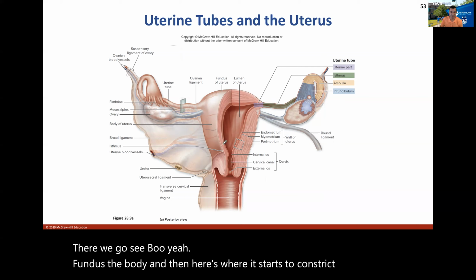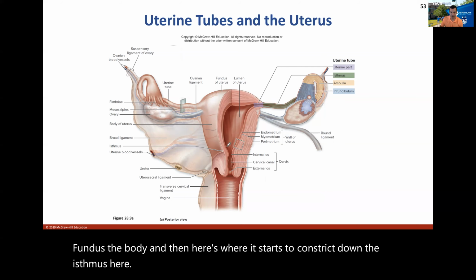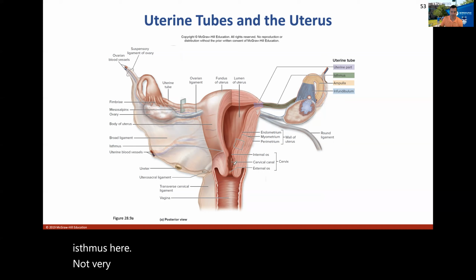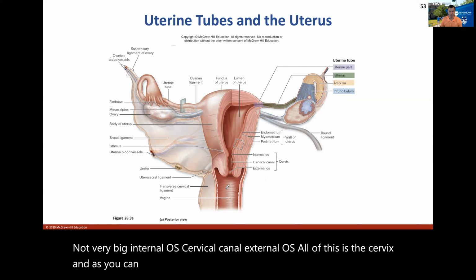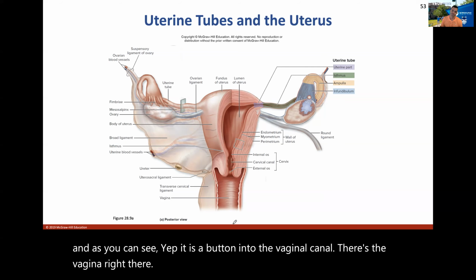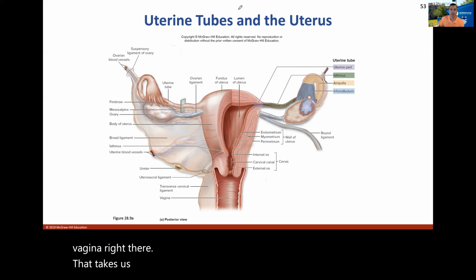The isthmus here, not very big. Internal os, cervical canal, external os, all of this is the cervix. And as you can see, it is abutting into the vaginal canal. And there's the vagina right there. That takes us into the uterine cycle.